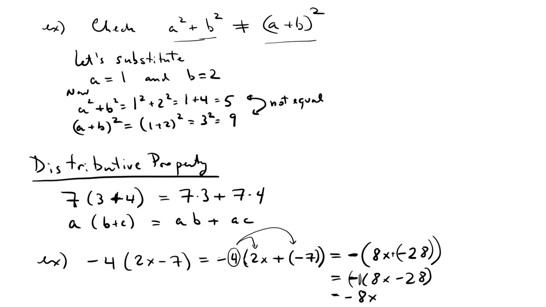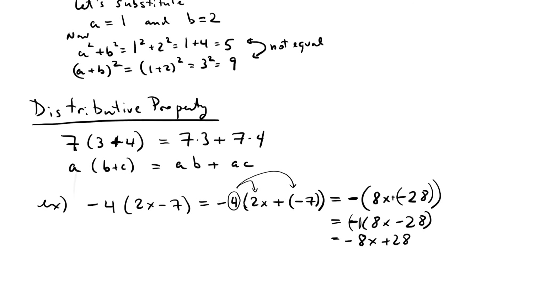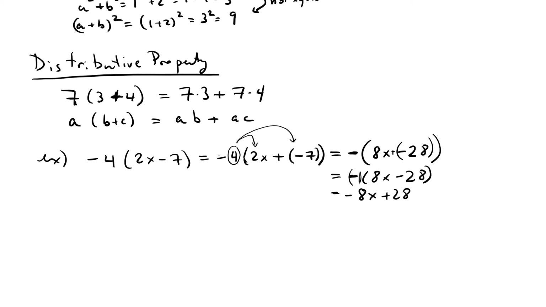Minus 1 times minus 28, so plus 28. So it's really up to you. Of course, it could be a bit faster if you distribute the minus 4 initially. So considering the minus 4 as your a, you see minus 4 times 2x, minus 8x, minus 4 times minus 7, plus 28. Okay, and then I've done it in one step.